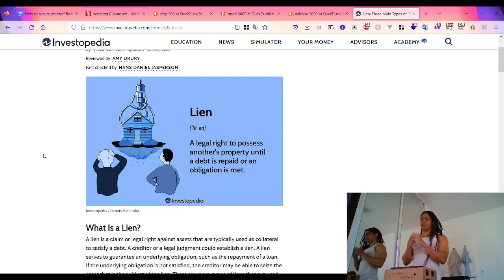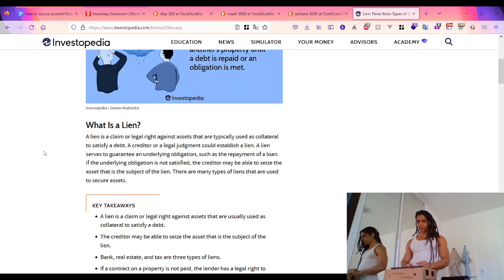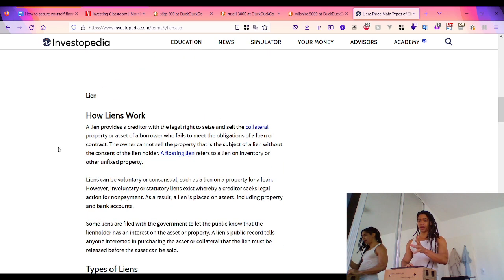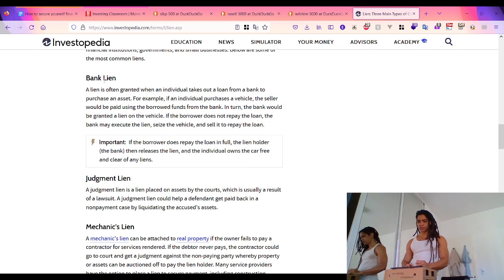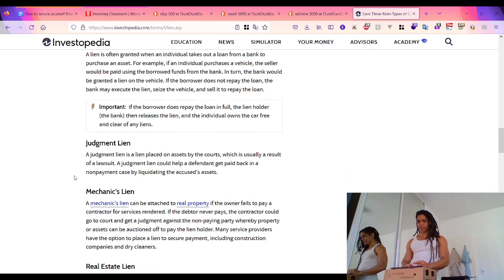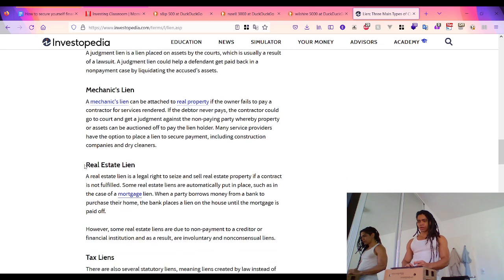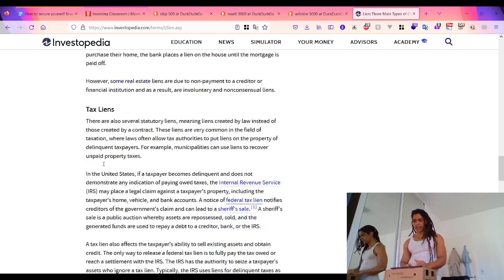Okay. So a lien is a legal right to possess another property until a debt is repaid or an obligation is met. The most common types of liens are bank liens, judgment liens, mechanic liens, real estate liens, and tax liens.